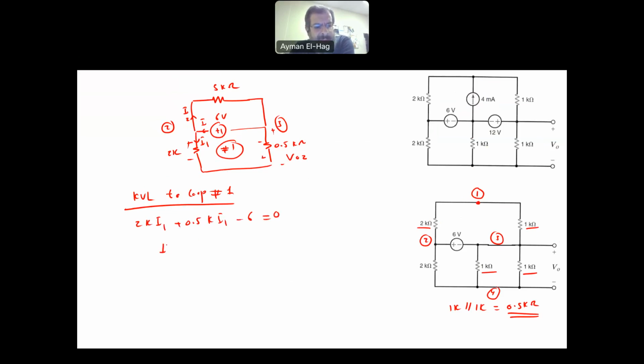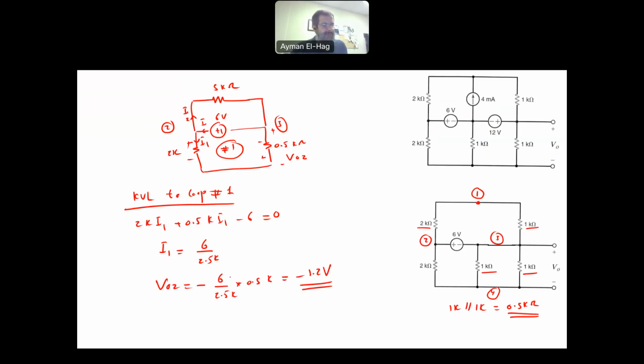So your I1 is equal to 6 divided by 2.5K. Now V02's polarity is the opposite of the polarity created by I1. So it will be minus 6 over 2.5 kilo times 0.5 kilo, and this will give me minus 1.2 volt.